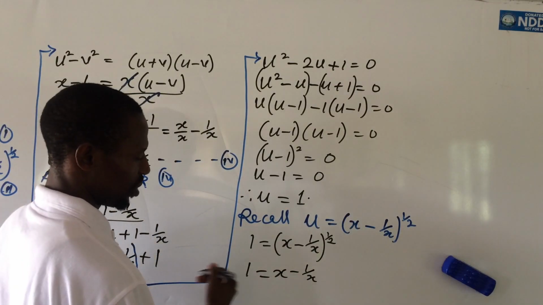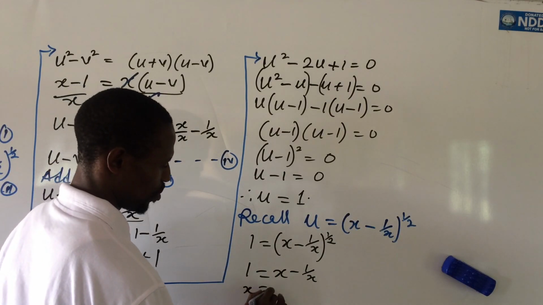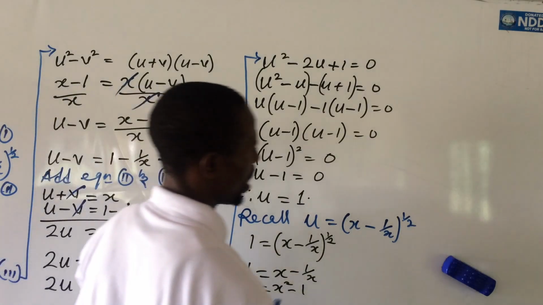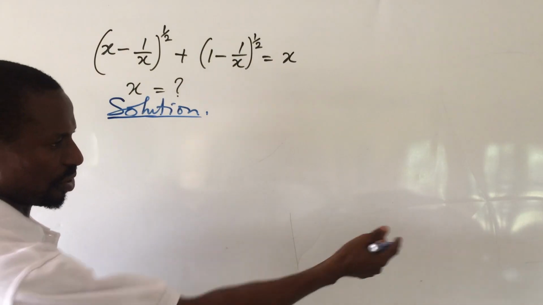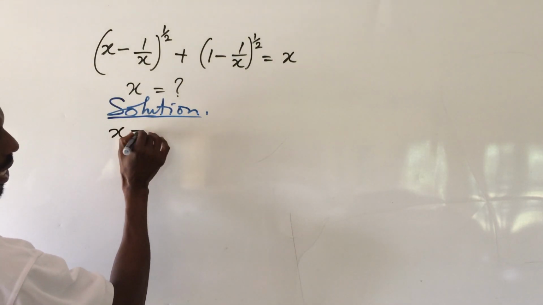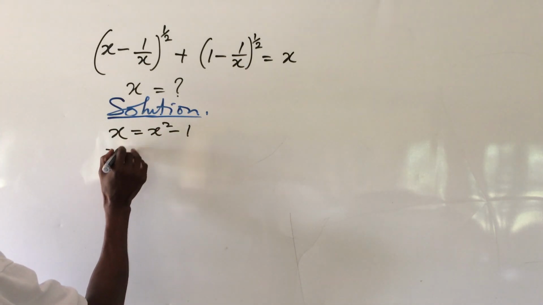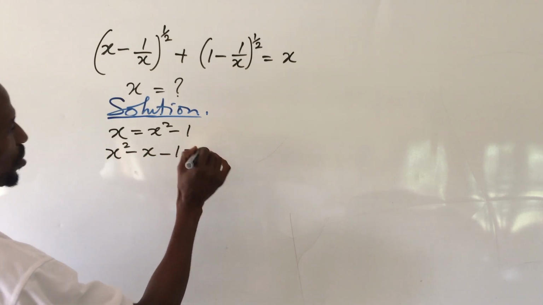Very easy. If you clear off this denominator, we are going to have x equal to x squared minus 1. Let's continue on this other side. Where we stopped, we said x is equal to x squared minus 1. So if we rearrange, we're going to have x squared minus x minus 1 equal to 0.